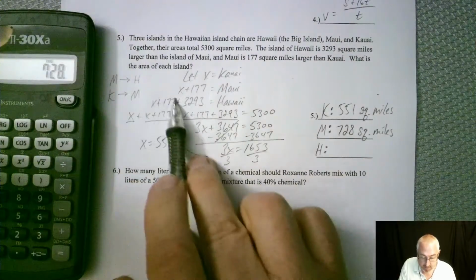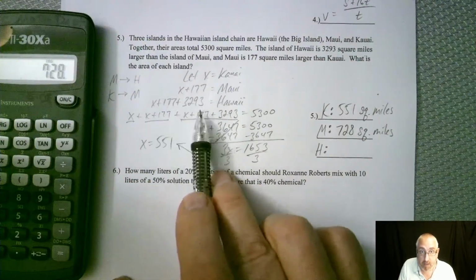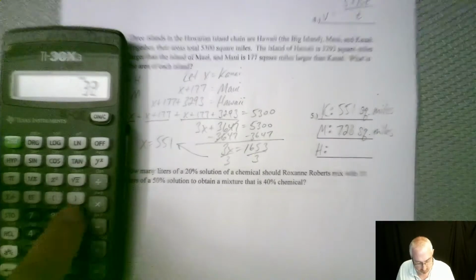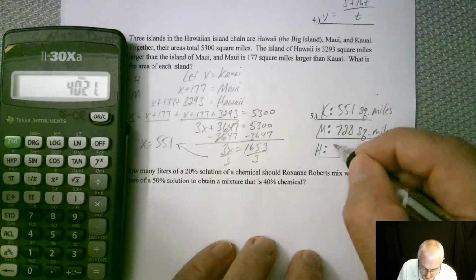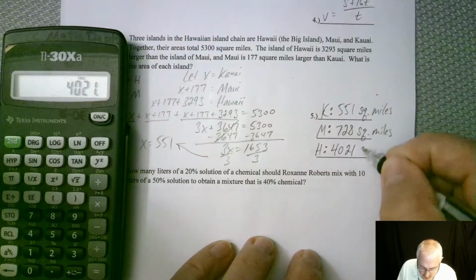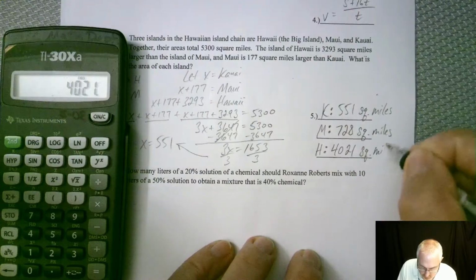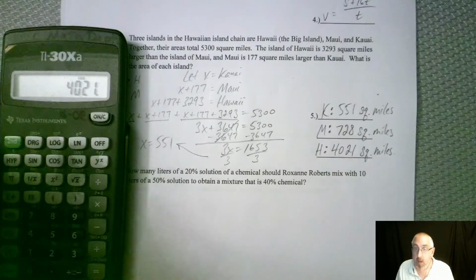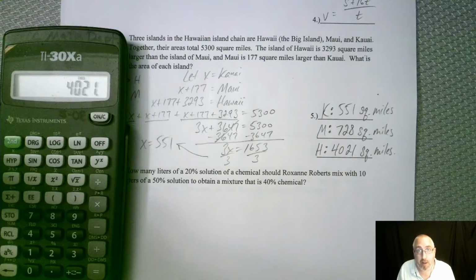So there's that 728. And then we just got to add another 3293 to that. So plus 3293 equals 4021 square miles.